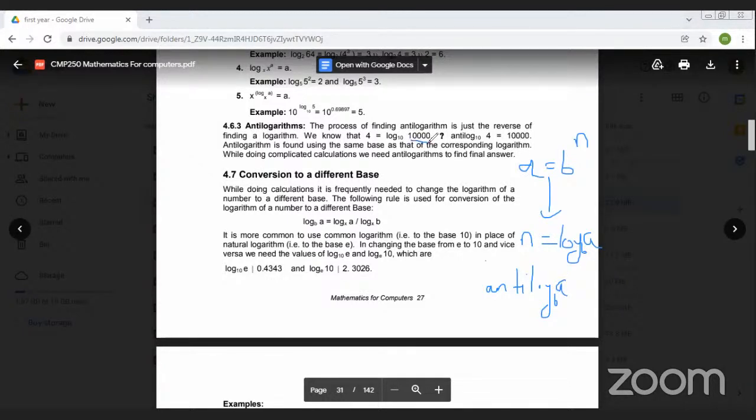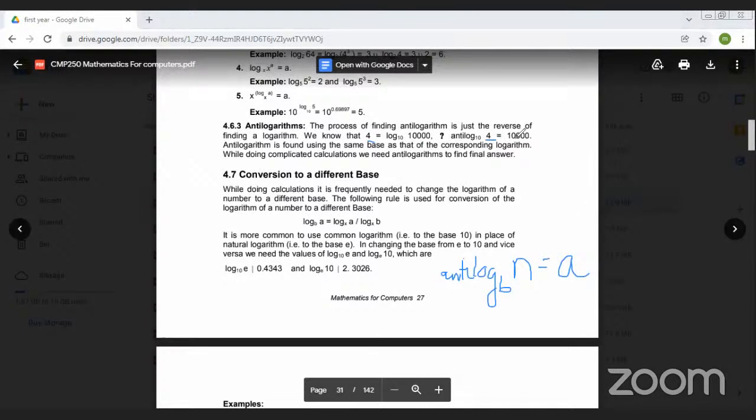But instead of a, what are we going to take? Check over here. If the value is n over here, so this becomes my n value. Sorry about that, let me write it properly. So anti-log to the base b, that is 10, of n is giving me what?